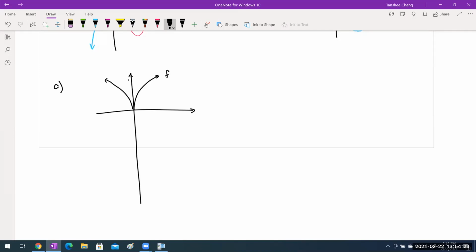So let's say this is the f function. So in this case, when we graph the f prime function, notice that there is a sharp corner at 0. So that basically tells me we don't have the slope of the tangent line at that point. So that means it will be a vertical asymptote, because there is no value at 0. Right? There will be a vertical asymptote.